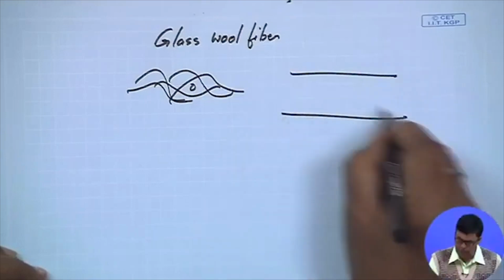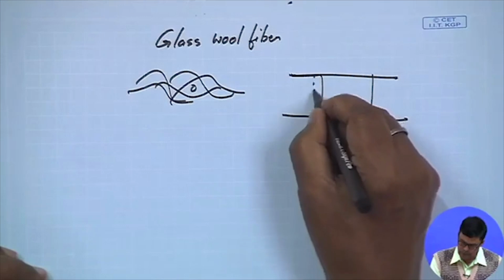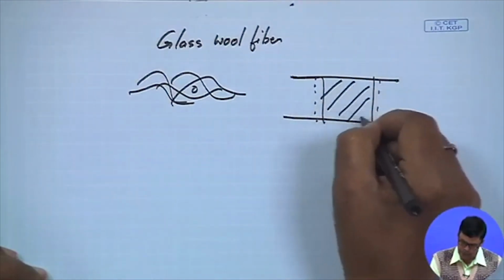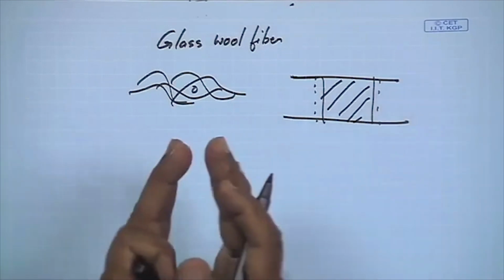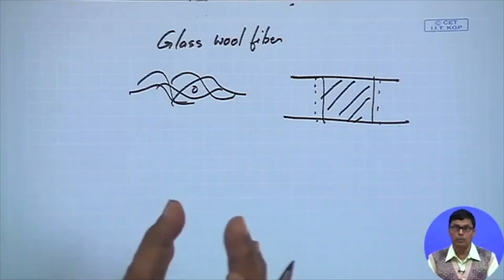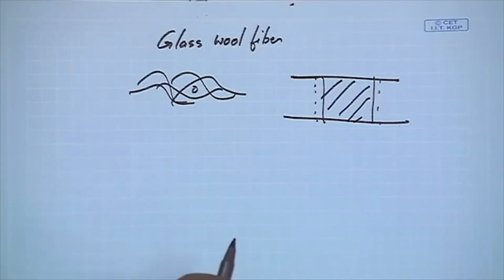Suppose here we put some kind of mesh, and this is the glass wool fiber. We can compress it, making it compact, or we can uncompress it. If you make it compact, your pore size will be minimum, and if uncompressed, the pore size will be more.